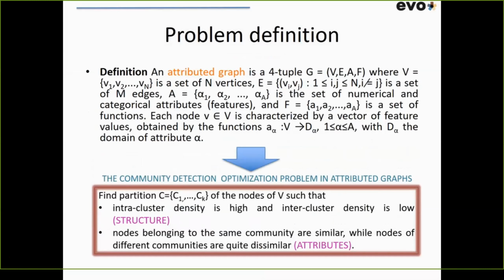Given an attributed graph defined by a four-tuple with a set of vertices V, a set of edges E, a set of attributes A, and a set of functions F, where each node has a set of attribute values obtained by the functions, we aim to find a partition C of the nodes such that the intra-cluster density is high and the inter-cluster density is low concerning the structure, and the nodes belonging to the same community are similar, while nodes of different communities are quite dissimilar concerning the attributes.